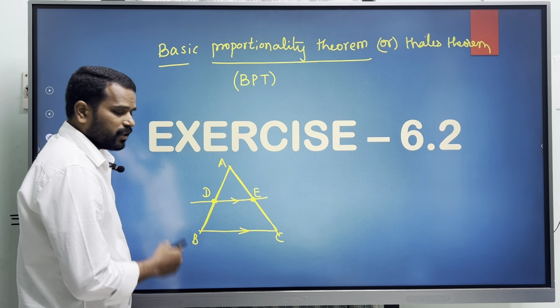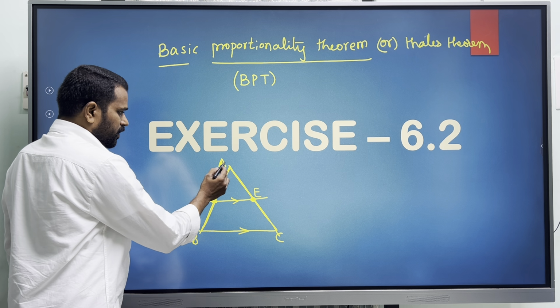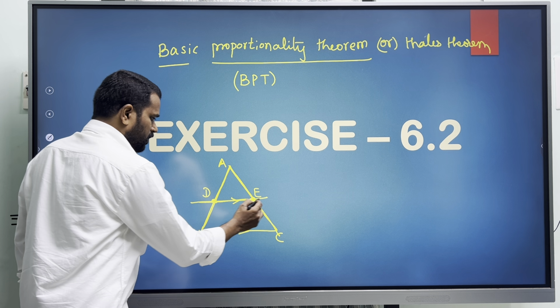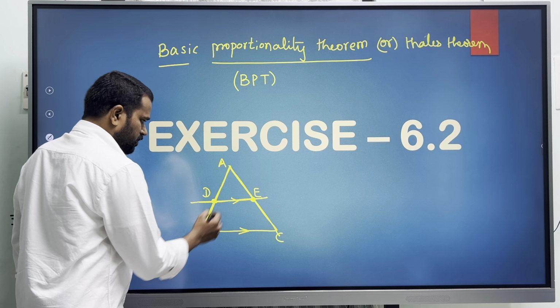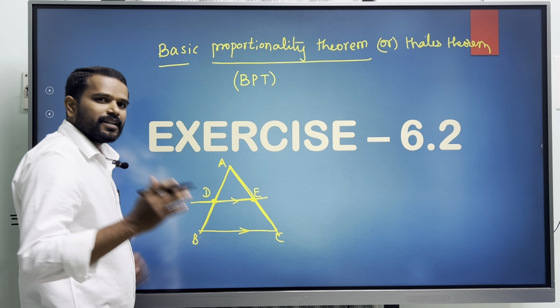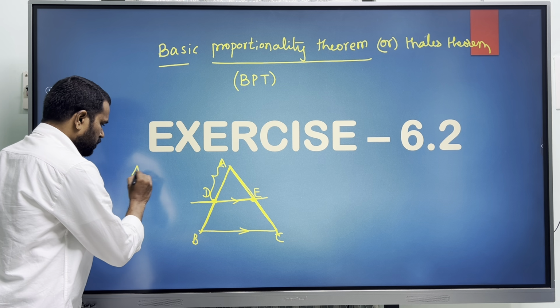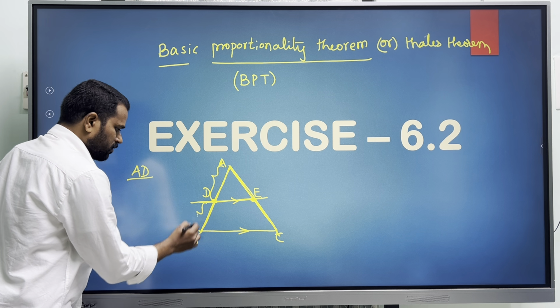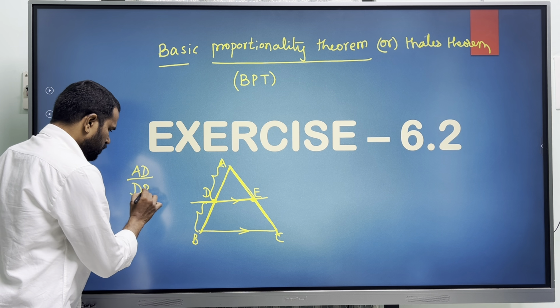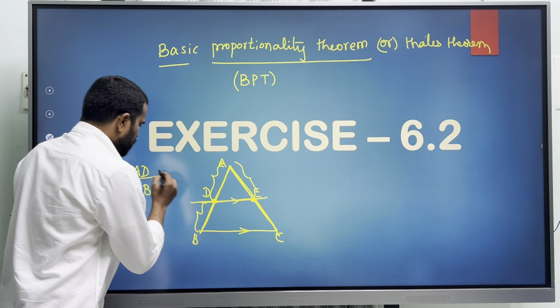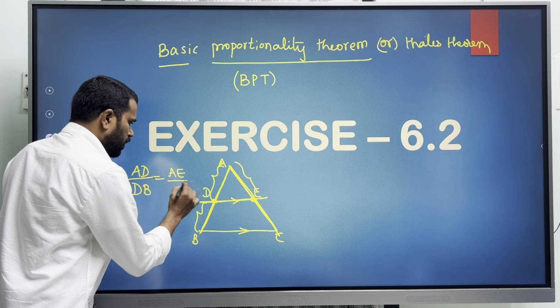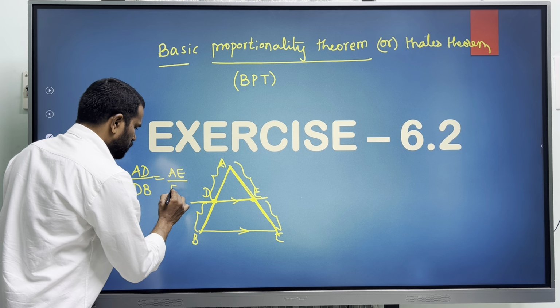If it is parallel to the third side, then this line divides the other two lines in the same ratio, that is AD by DB is equals to AE by AC.